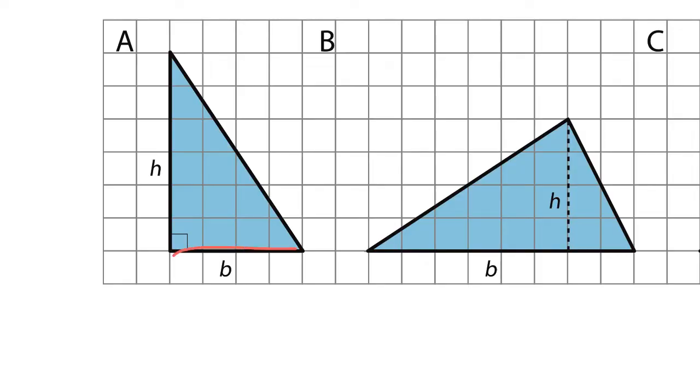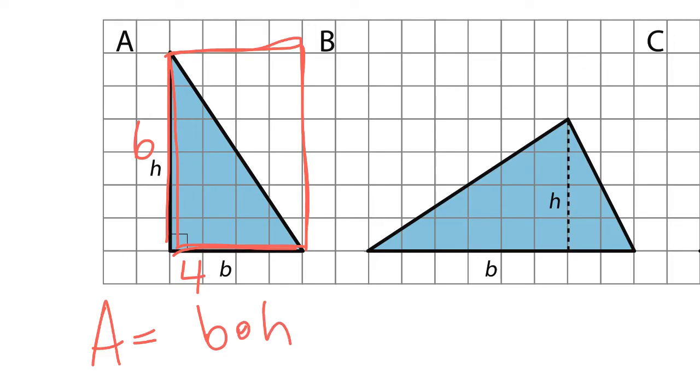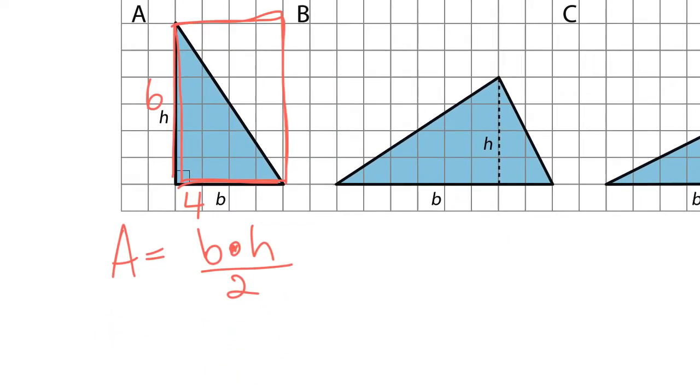Well, we can see that the base is 4. We can see that the height is 1, 2, 3, 4, 5, 6. So if we were to just do 4 times 6, that gives us the area of the rectangle. So the area is base times height. But then we have to divide by 2 because we don't want the rectangle. We want the triangle.